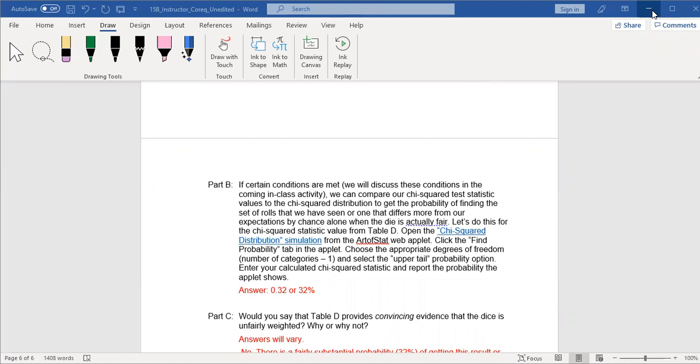In our case, the degrees of freedom is 3 minus 1, which is 2. And we are using the upper tail.